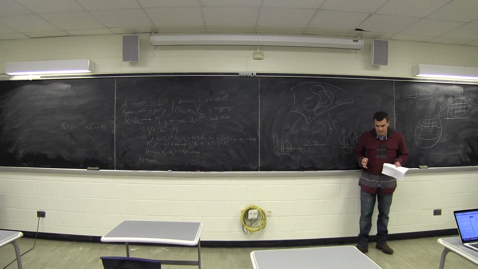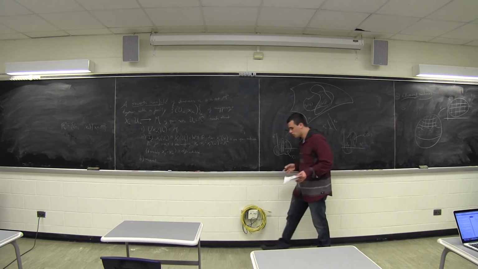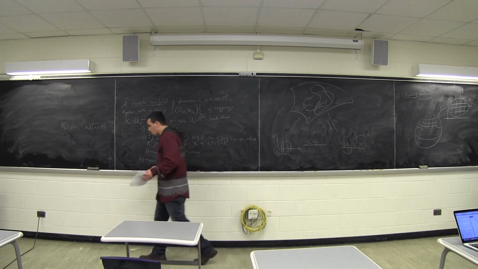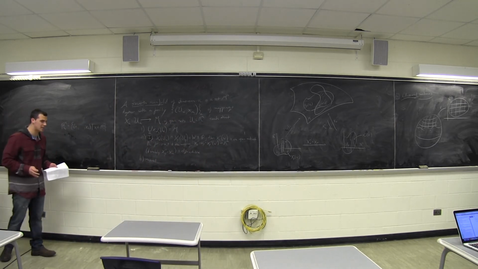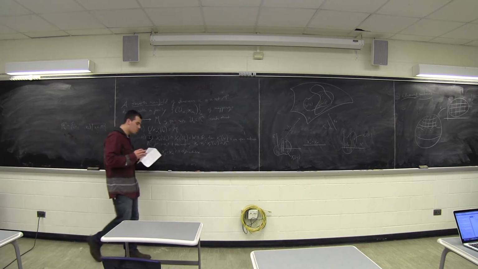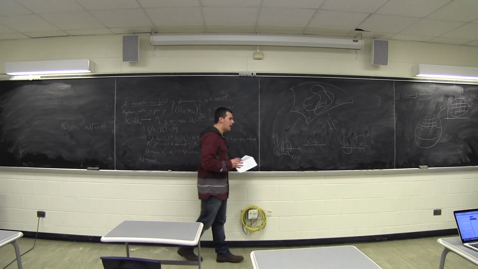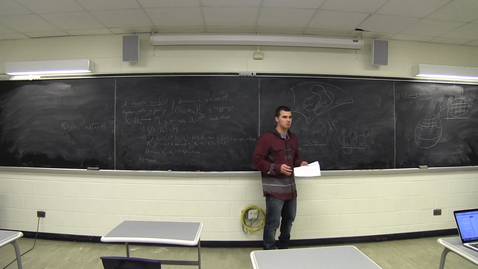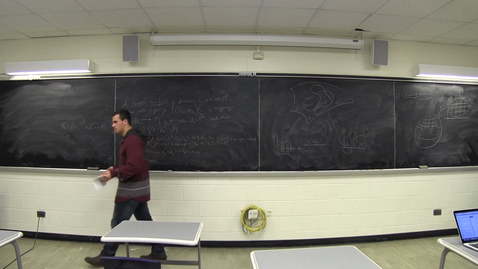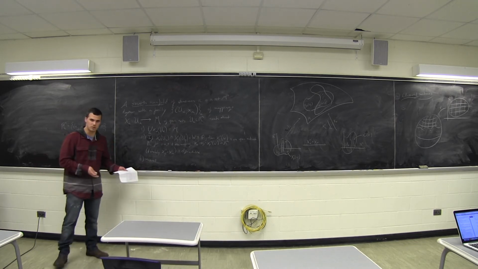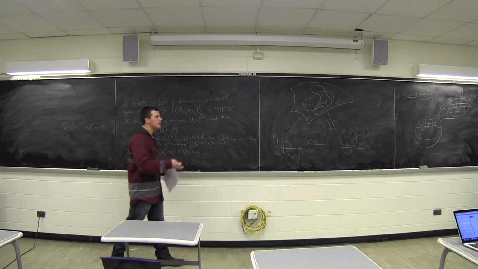One of the motivations was the equivalence principle. The equivalence principle can be restated in purely mathematical language by saying that in a small enough region of space-time, everything looks Minkowski. People who have had relativity know this is the equivalence principle, right? It's rephrased in different ways: inertial mass equals gravitational mass, etc.